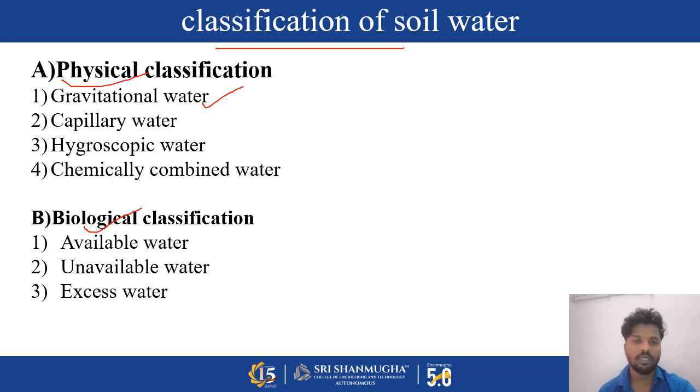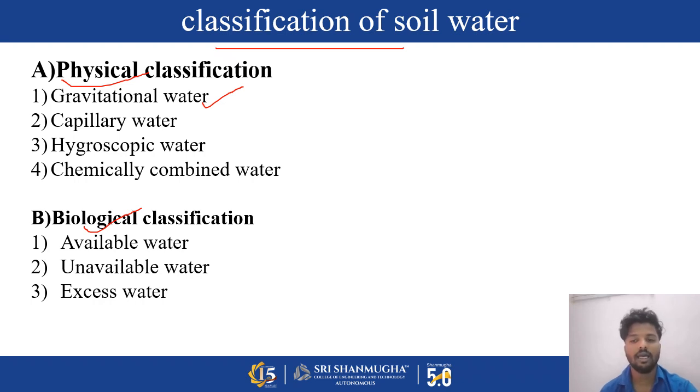Gravitational water remains in the profile only for a short time and is generally not available to plants because it moves too quickly past the root zone. It also creates anaerobic conditions if it stays in the soil.